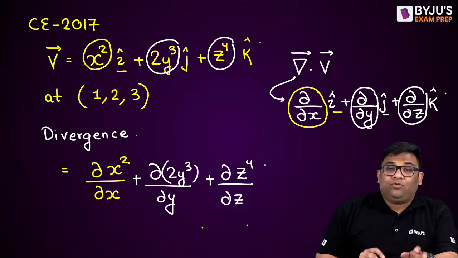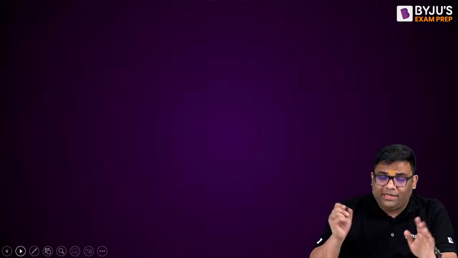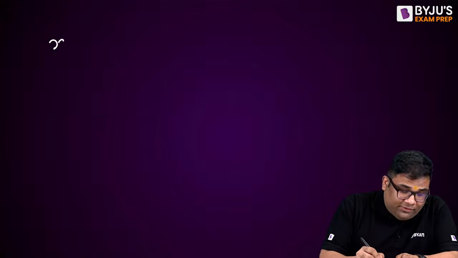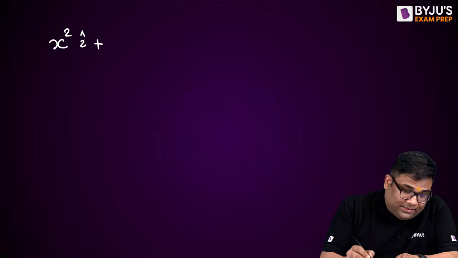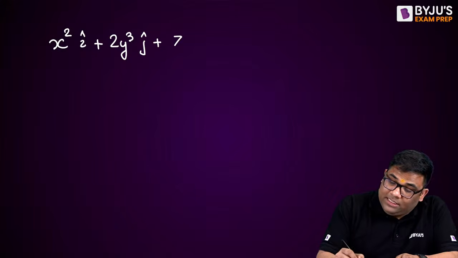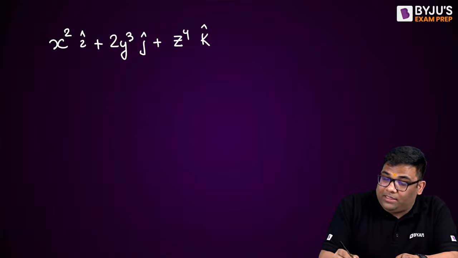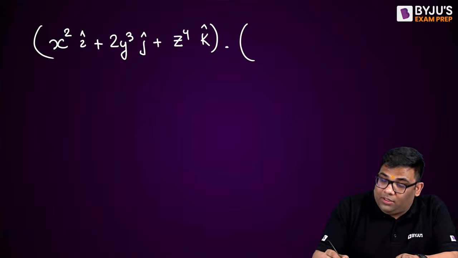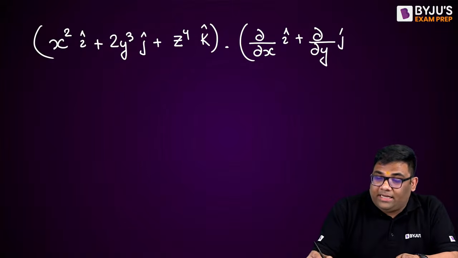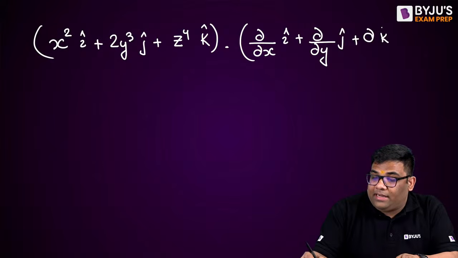This everybody understood or not? Many students might not be knowing, so let me elaborate it. What was the equation? x square i cap plus 2y cube j cap plus z to the power 4 k cap. Dot dou of this i cap, then j cap, and then k cap.